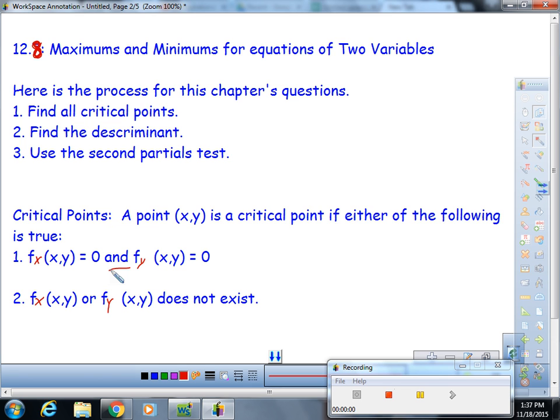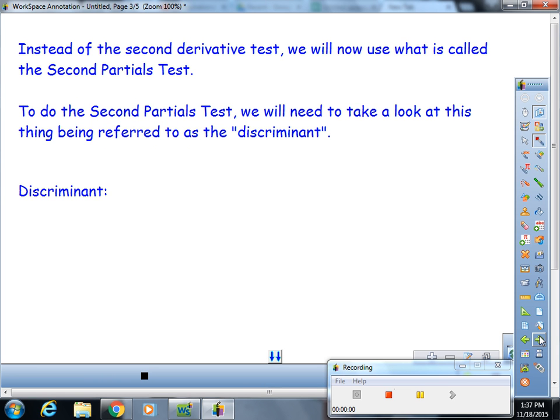It really doesn't take long from here, so if I go too fast, we'll come back to it. But I want to make this video less than 10 minutes. So instead of doing a second derivative test, which is what we used to do, we will now do something that's called a second partials test. In order to do the second partials test, we just need to find this thing called the discriminant.